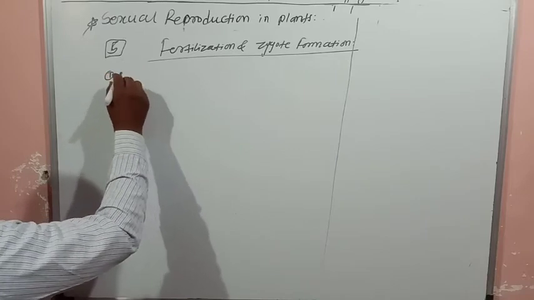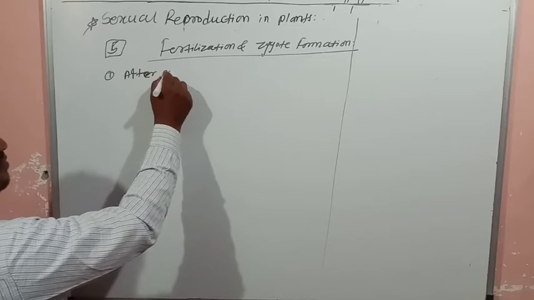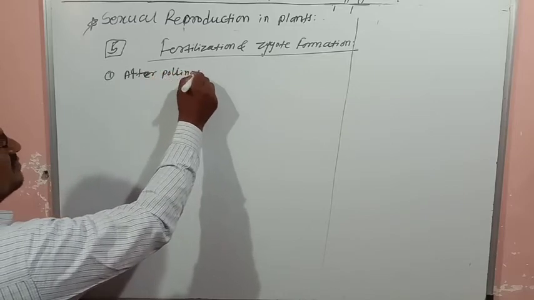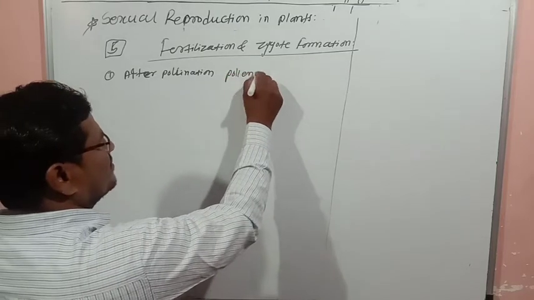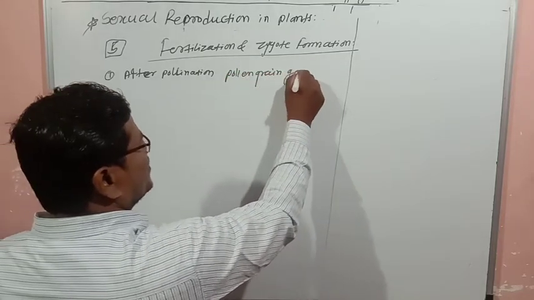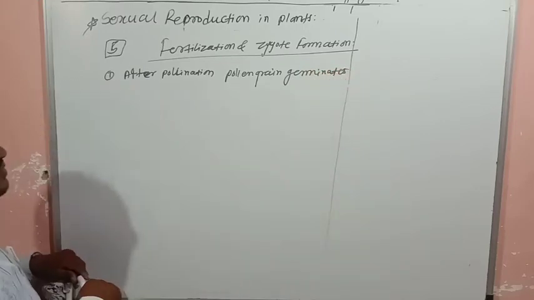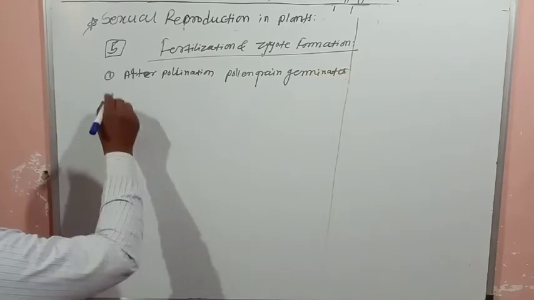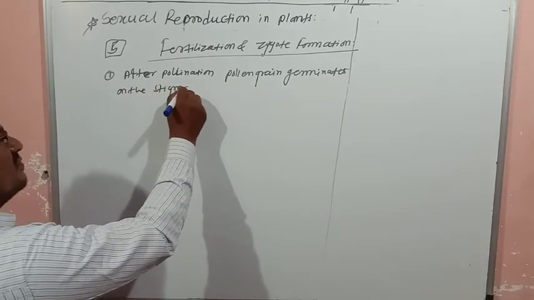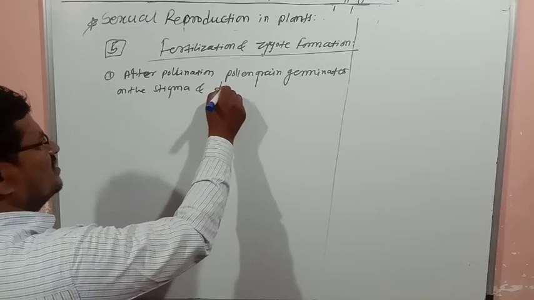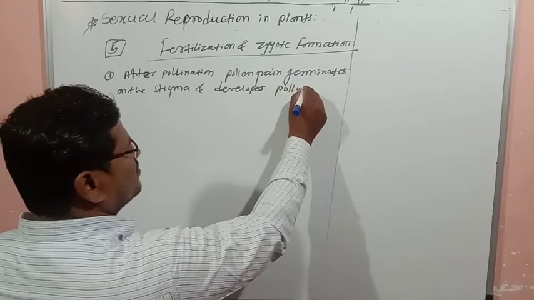First point: after pollination, the pollen grain germinates on the stigma and develops a pollen tube.